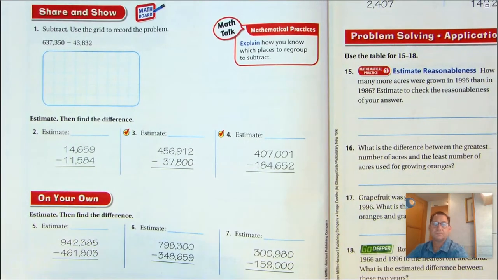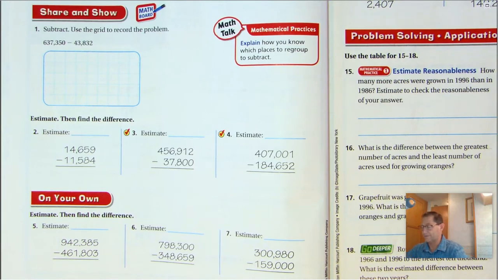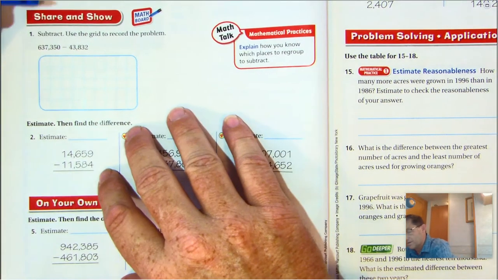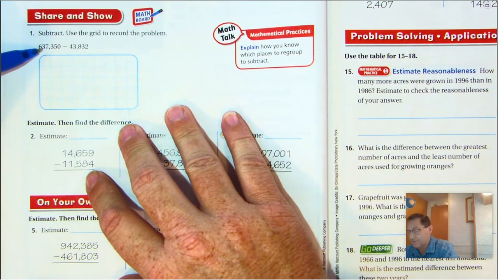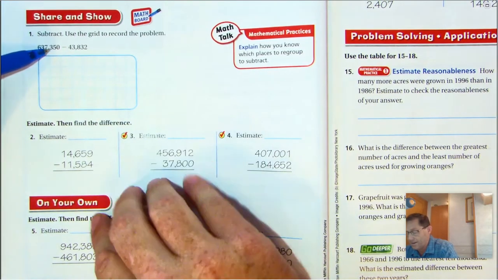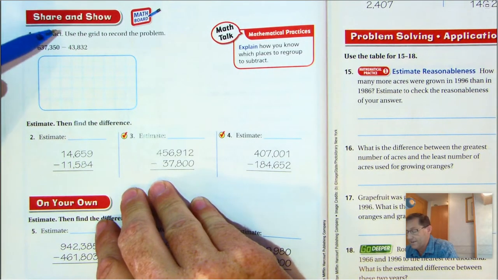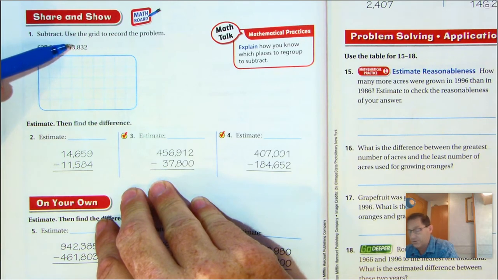Number 1, subtract. Use the grid to record the problem. I have 637,350, and we're going to take away 43,832.